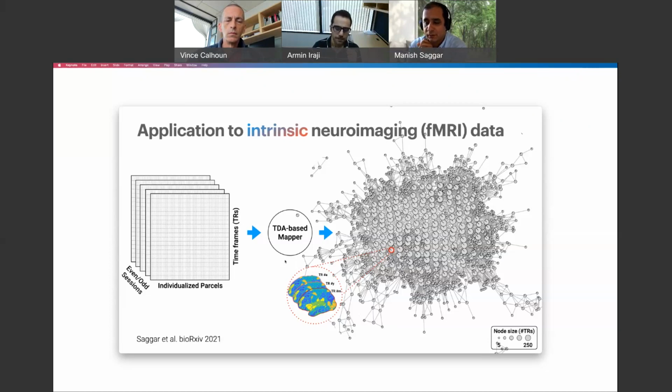The third thing you can do, which we haven't tried but have thought of, is a layered mapper, essentially a nesting of mapper. The input of the next mapper is the mapper graph itself, so you get a deep layered mapper. Then you can do it across people, across the population.